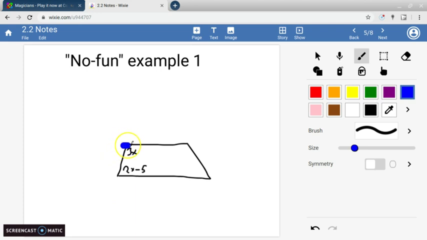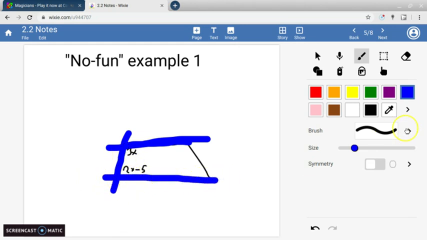Which 2 lines form it? This one right here, and then this one right here. So this goes out like this. And which one forms 2x minus 5? Well, we already drew one of them, and then another one like this. So you can pretty much ignore this one that's black still, because it doesn't matter.